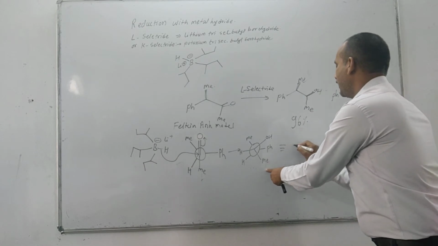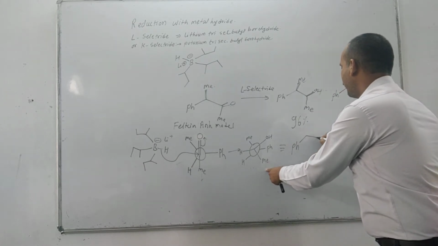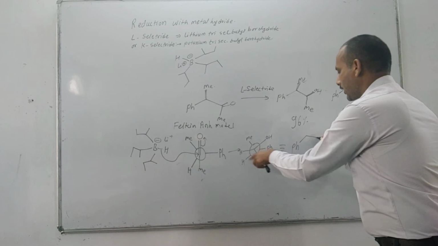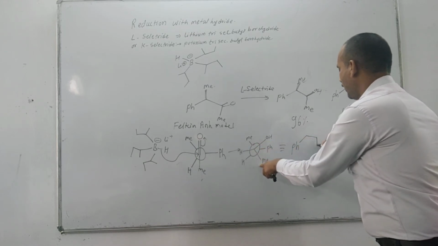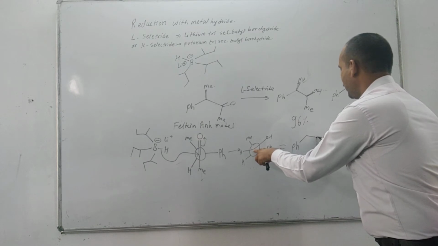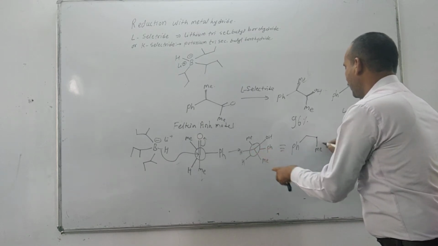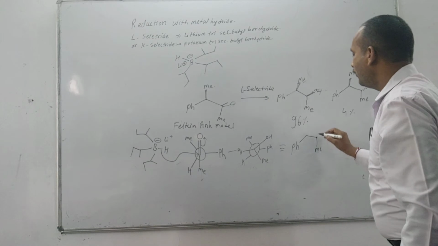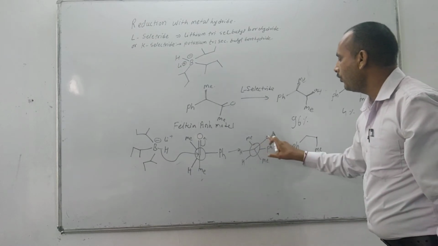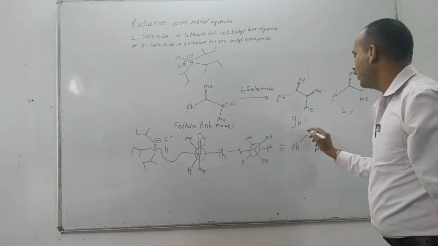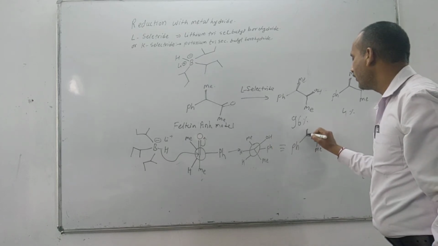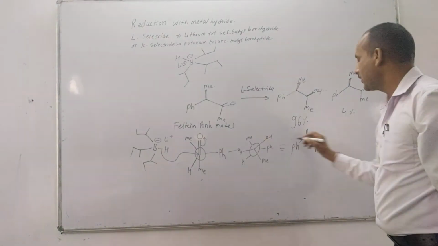So we can represent as Ph, then this carbon, and this Me, this central carbon, this one is central carbon, and this is Me. Now the Me group and OH, this Me and this OH are present on the same side.